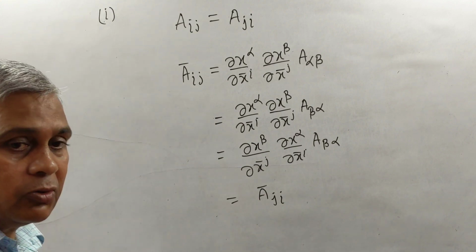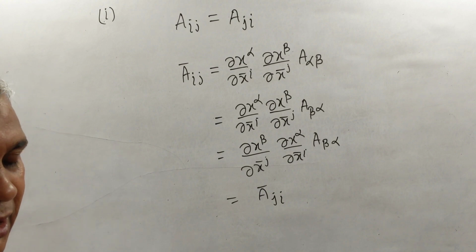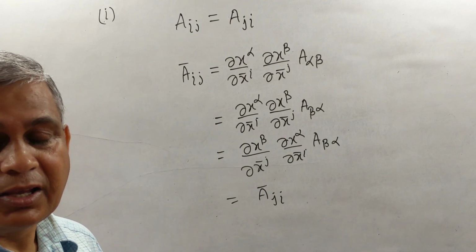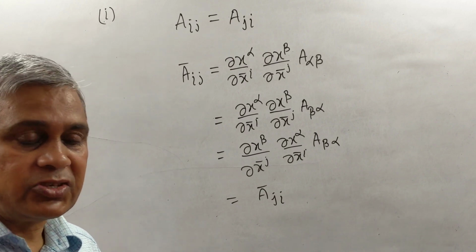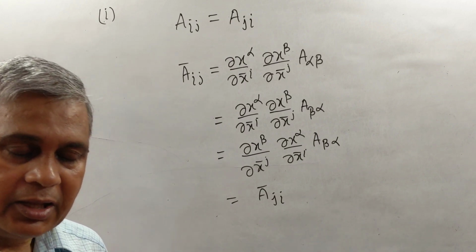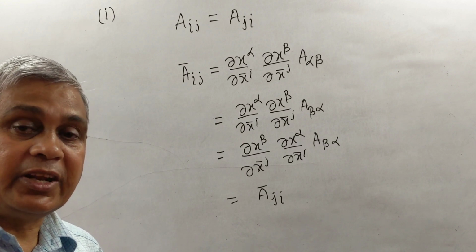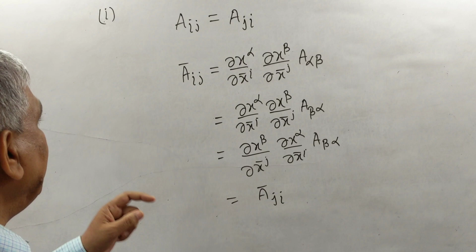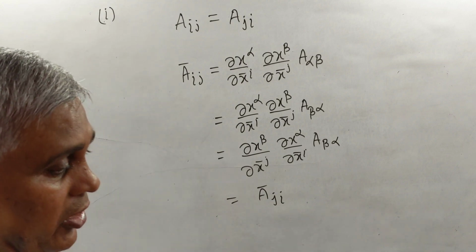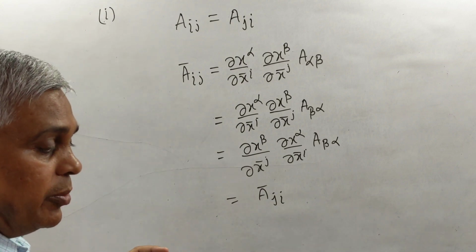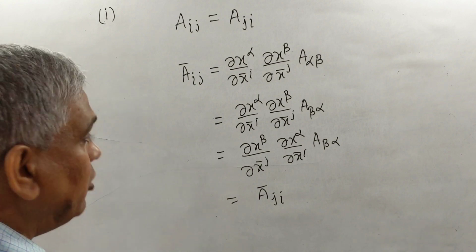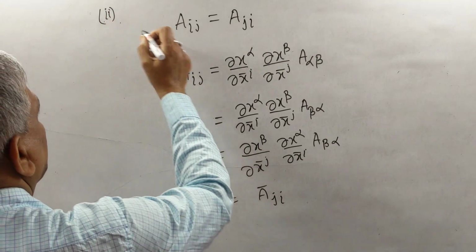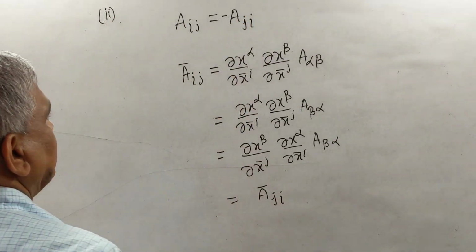Next, we will discuss that if a tensor is skew symmetric in a system, then it is skew symmetric in other system of coordinates. Let A ij be a skew symmetric tensor of rank 2, then A ij equal to minus A ji.